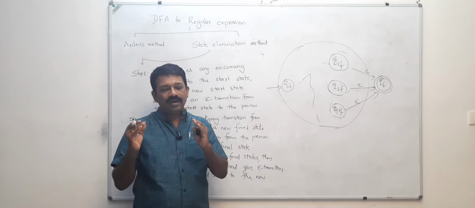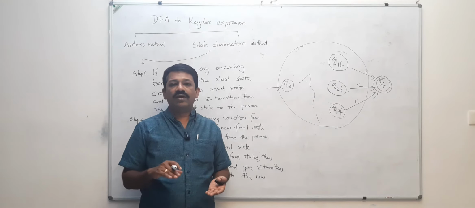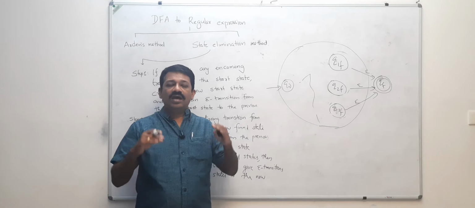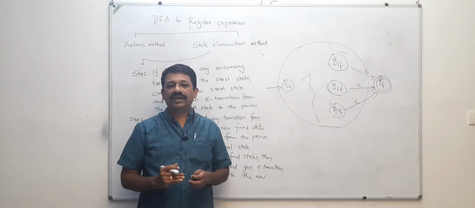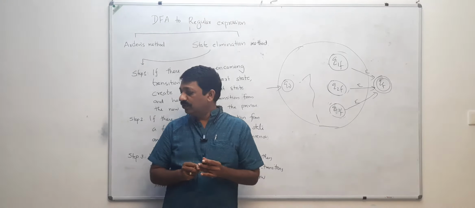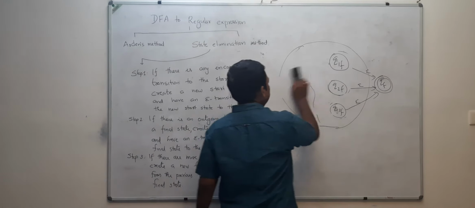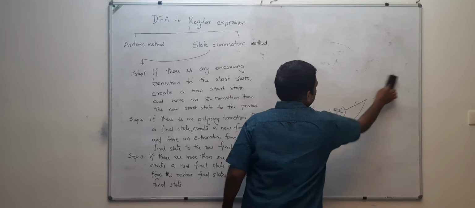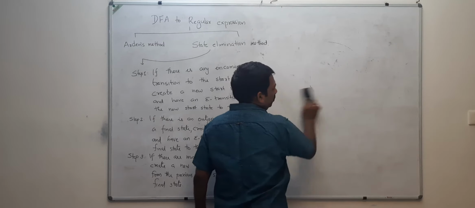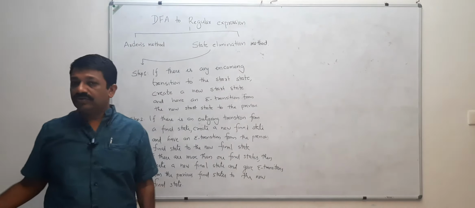If you have a final state which has an outgoing transition, there also you have to make some modifications, and if there are multiple final states, you have to make some modifications. Only once you do that, it's very easy to construct, and by the state elimination method you can easily convert your DFA to a regular expression.